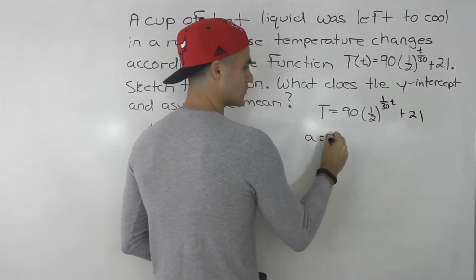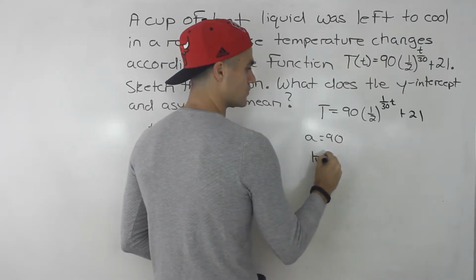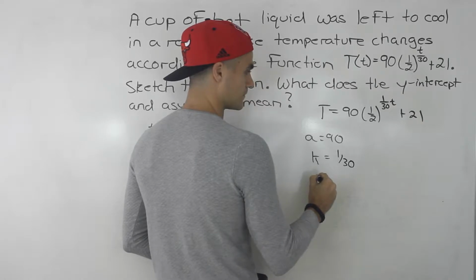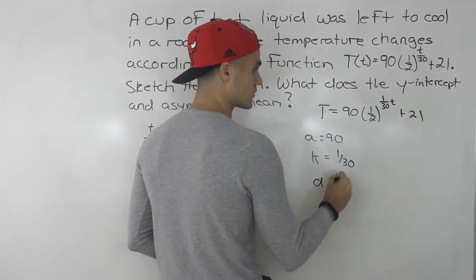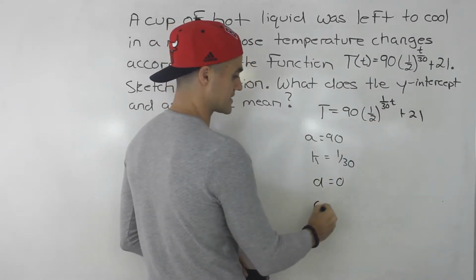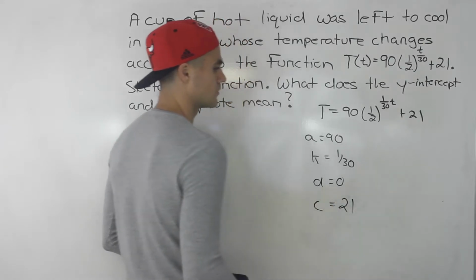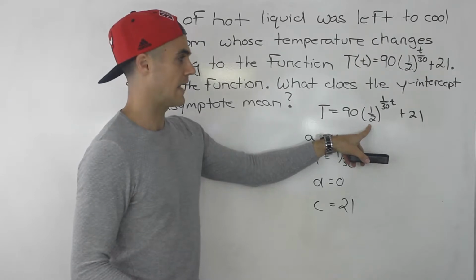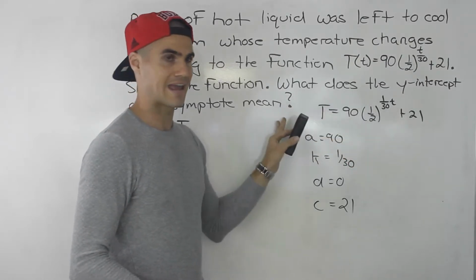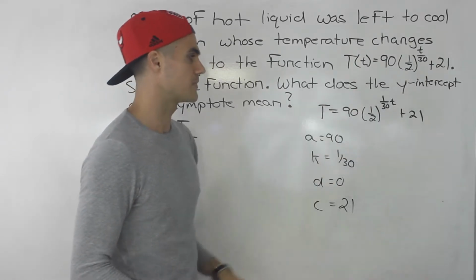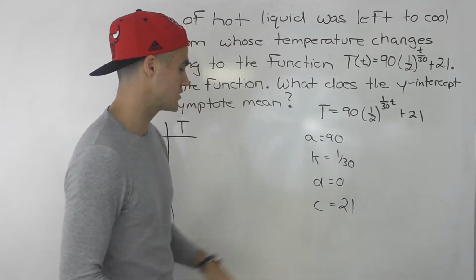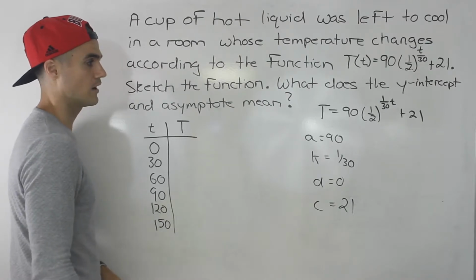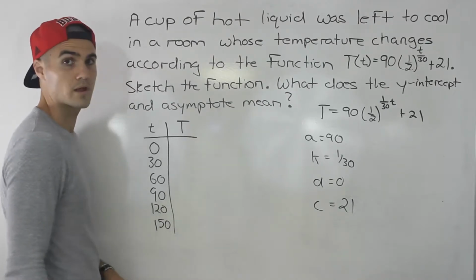So the a value would be 90, the k value would be 1 over 30, the d value would be 0, there's no shift left or right, and the c value would be 21. Your base function would be 1 over 2 to the power of x. However, you wouldn't use any negative values because we're dealing with time in this case. So you could do it with transformations as well. I just decided to do a table of values, but either way will work.